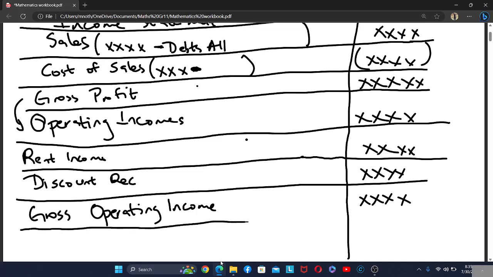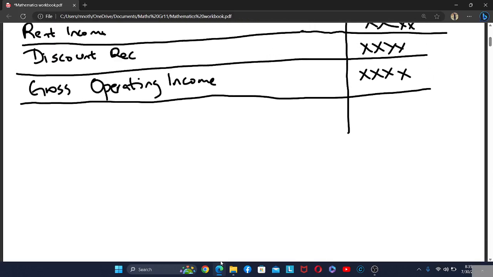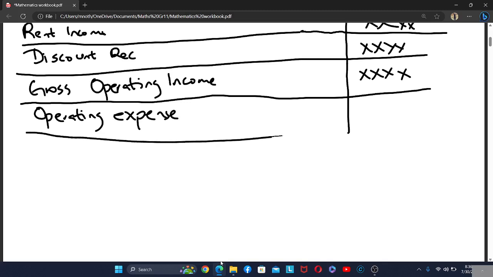Now, after the gross operating incomes, we are going to have operating expenses. Here in the operating expenses, we record all the expenses except for the interest. So the interest, we do not record it here.